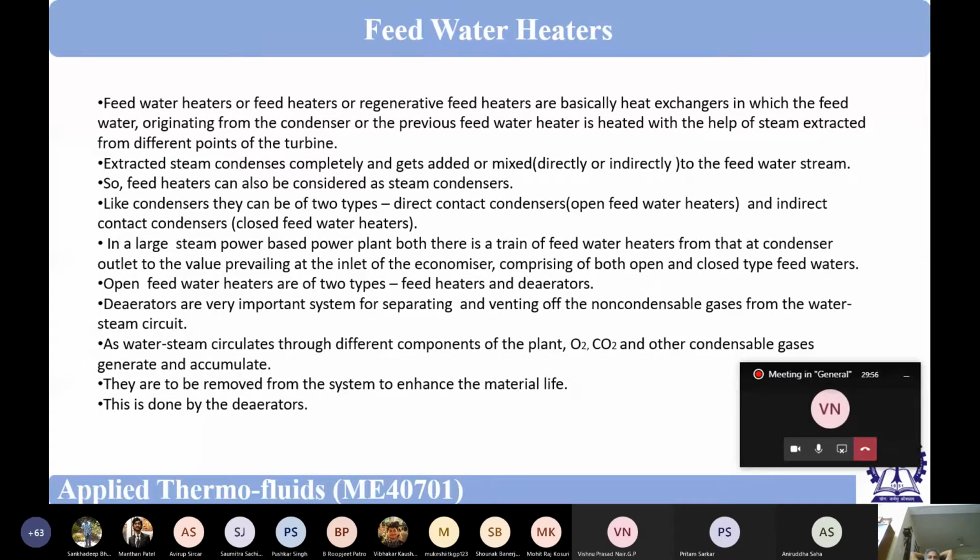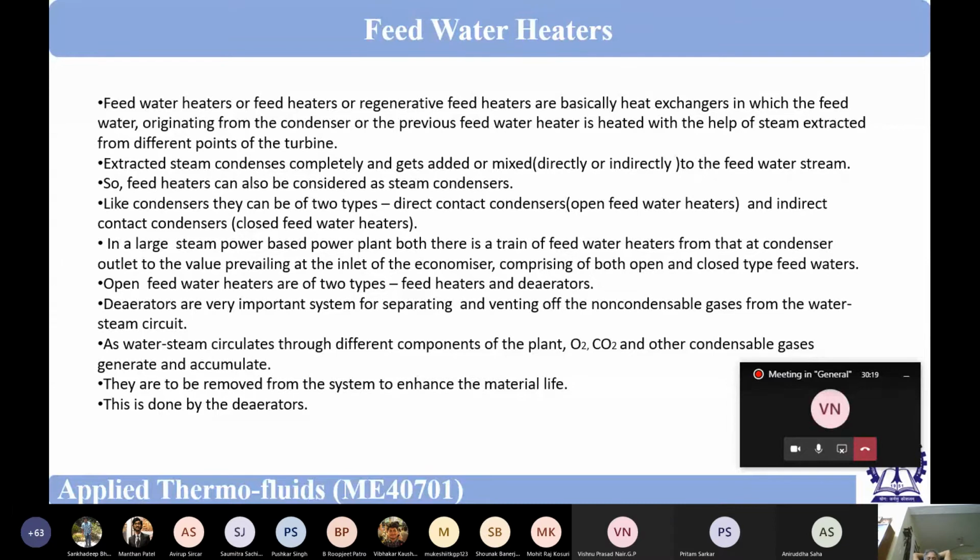One thing could be that we directly inject water inside steam. When we inject water, we inject it as small droplets or spray, so on the water surface steam condenses. This is direct contact condensation.